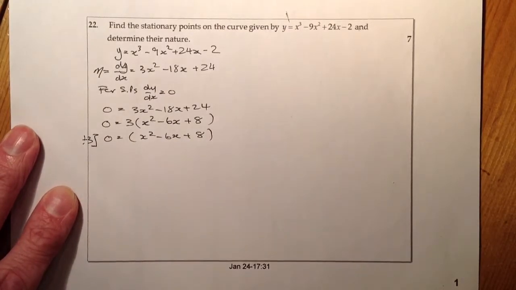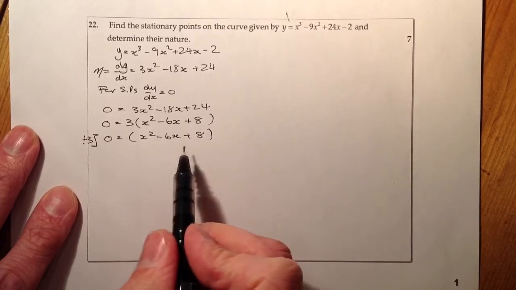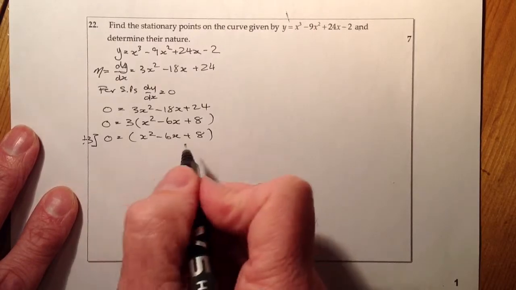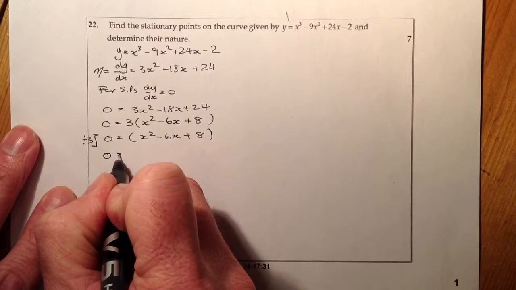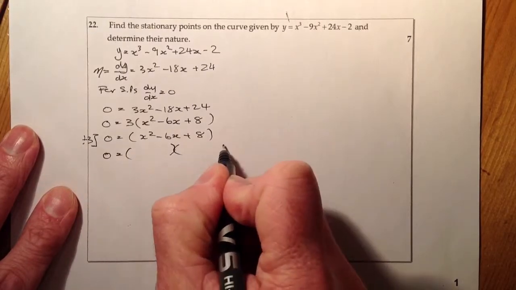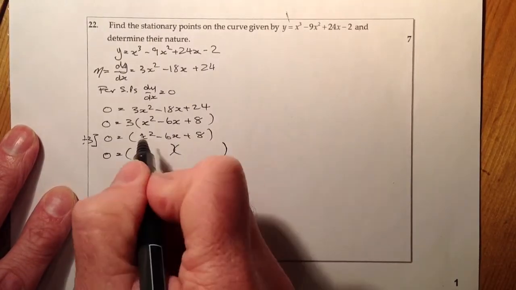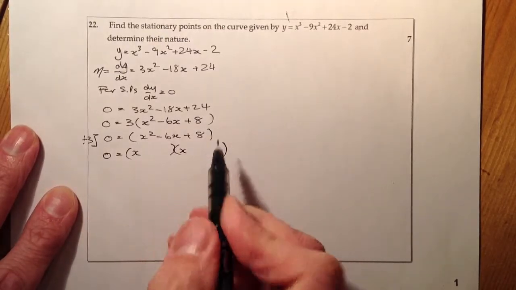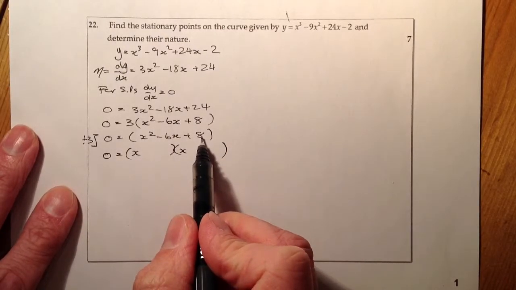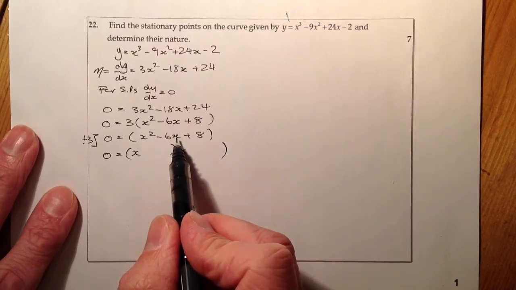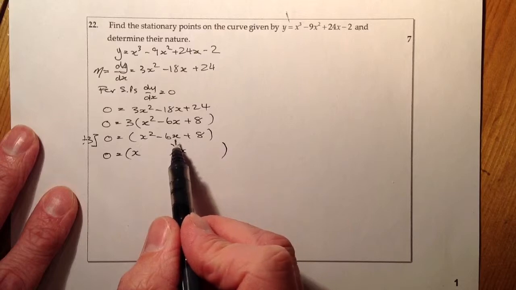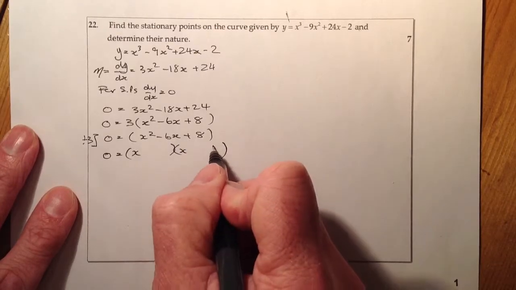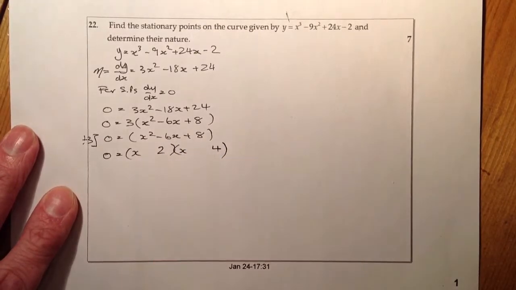What I'm going to do now is factorise that into 2 brackets, and it should factorise out for us. So we'll get the 2 brackets set up. I've got x and x, which multiply together to get the x squared. I need 2 numbers that multiply together to get 8, and to make a difference of 6. So I'm going to go for the 4 and the 2, because they can make that out for me, and I'll check that it works.